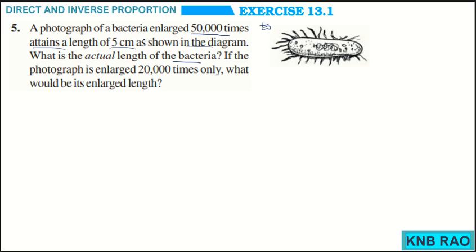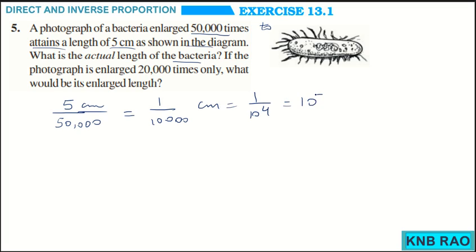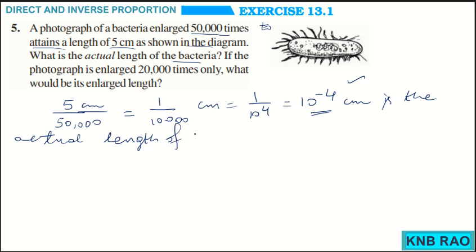If you want to find the actual length, you need to divide 5 centimeters by 50,000, which gives 1 upon 10,000 centimeter. Converting it into exponents, 10 to the power minus 4 centimeters will be the actual length of the bacteria.